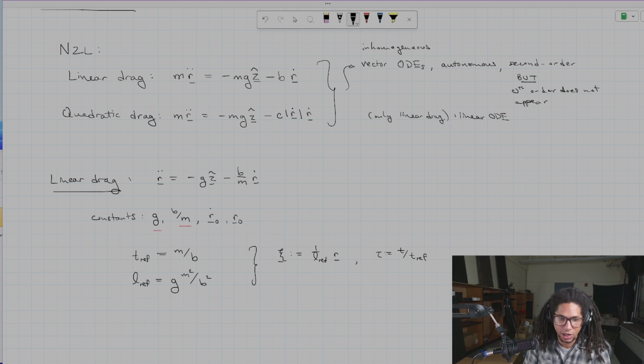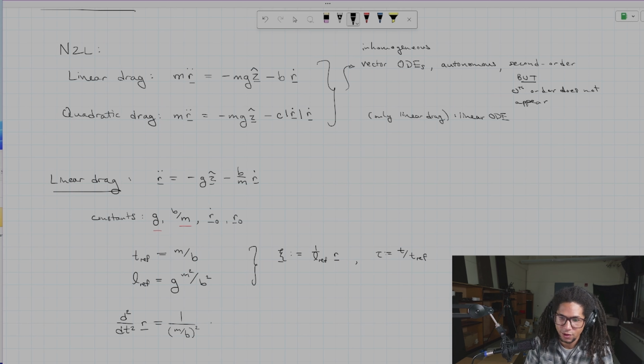Now, r double dot. We've already used this strategy in the past. Let me go through this relatively quickly. So I'll get d squared dt squared of r is equal to, so I'm going to need to move t ref over to the other side, so I'll get 1 over m over b quantity squared. Then for r, I'm going to express that as c times L ref.